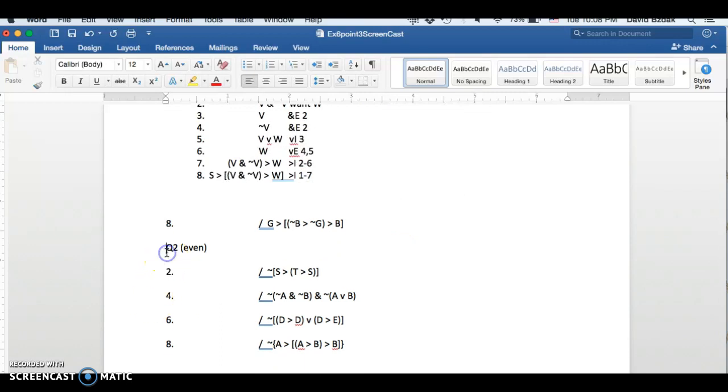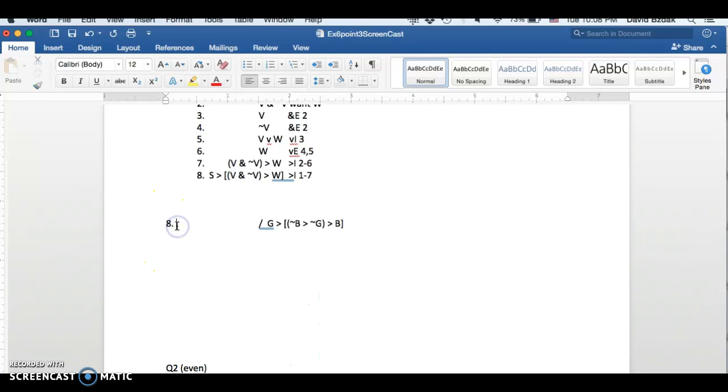Okay, so let's do the last one from Q1. Okay, so again we have a conditional, so we'll indent, we'll assume the antecedent, and we want not B, then not G, conditional B. So that's our assumption, the antecedent.